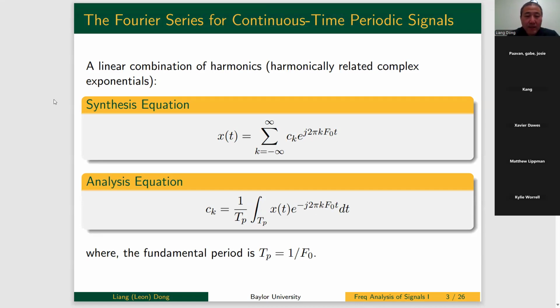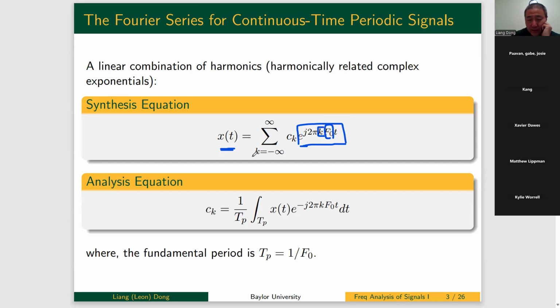We decompose into harmonically related complex exponentials. So first, if x of t is a periodic signal, then I can decompose it into a group of those exponential functions, which are sine waves, with frequency f naught times k.